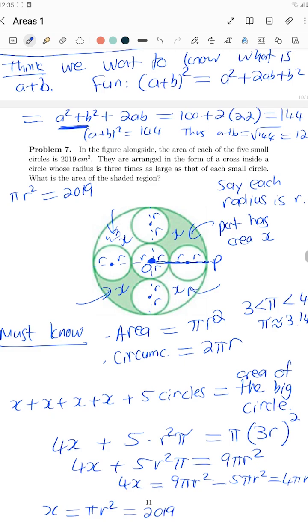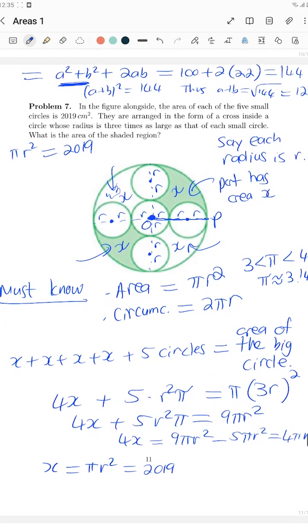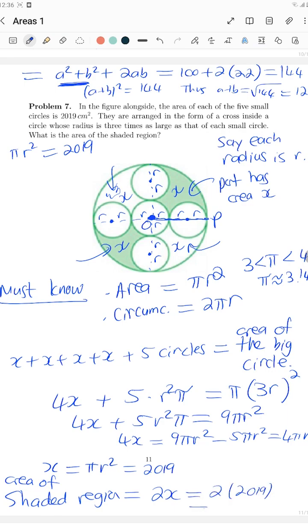So what have we established? We have established that the funny part x is the area of one of the small circles, which is given as 2019. And so now we can answer the problem: the area of the shaded region is equal to 2 times x, which is 2 times 2019.